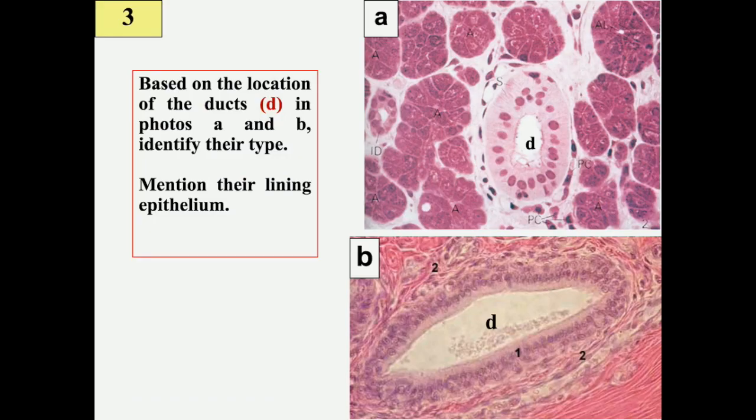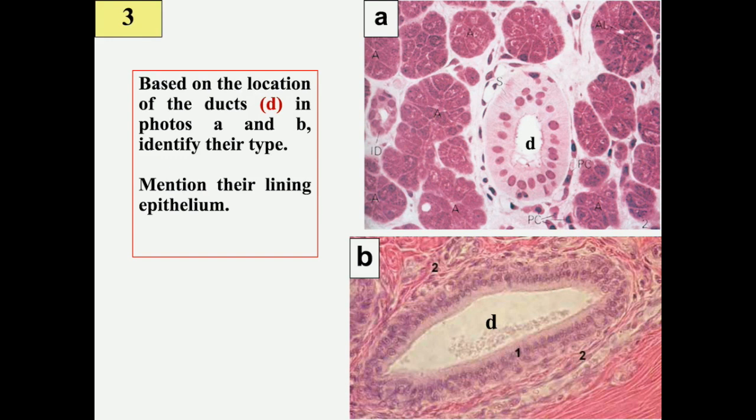Based on the location of the ducts D, in photos A and B, identify their type and mention their epithelial lining. As regards A, this is the secretory duct present inside the lobule, and it is called secretory or striated. It is lined by low columnar with central rounded nuclei, or cuboidal.